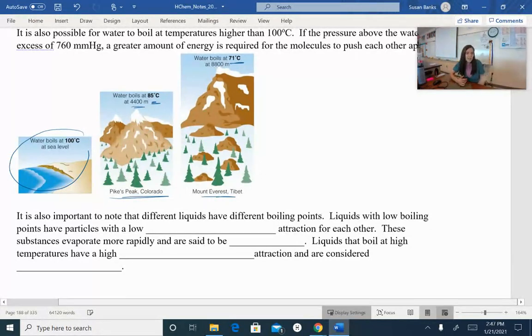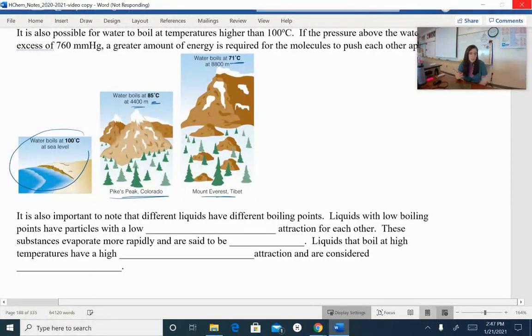If you've ever gone hiking in the mountains, you'll notice that it takes a little bit longer for your food to cook, just because the water, even though it's boiling, is not quite as hot, because it's boiling at a lower temperature. Okay? It's also important to note that different liquids have different boiling points.